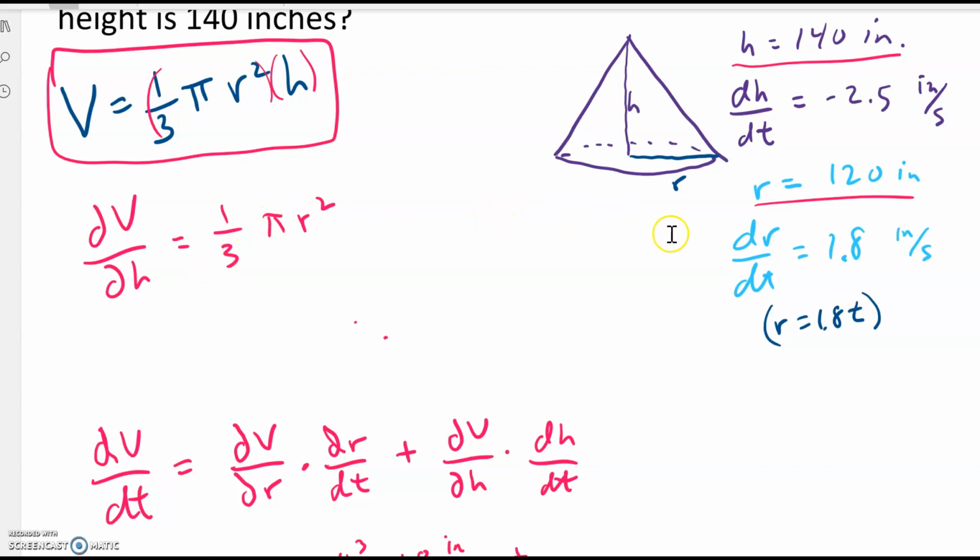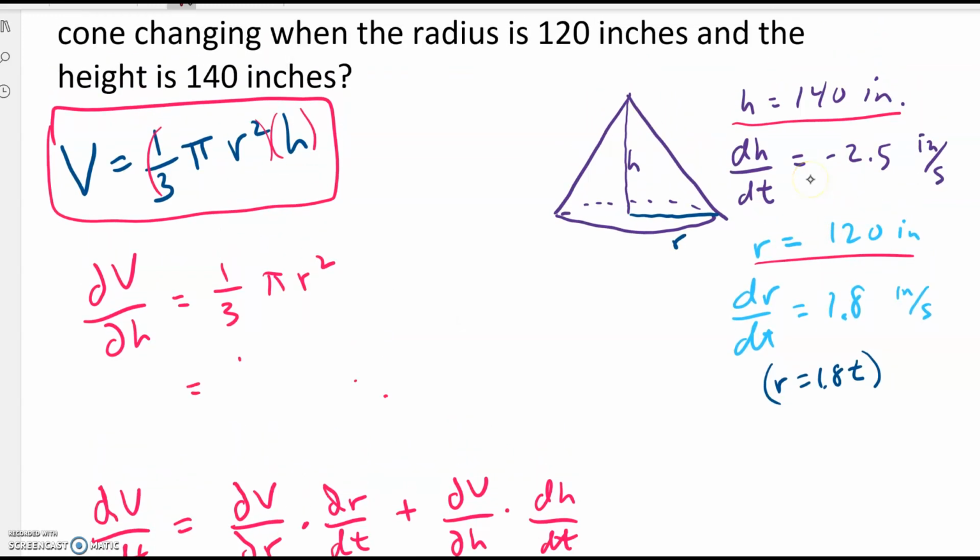So now r, where's r? r is 120. So plug in 120. I've got 1/3 times pi times 120 squared. Okay, I worked this one out in advance just to save a little time. So it's 4,800 pi, and this is cubic inches of volume per inch of height.